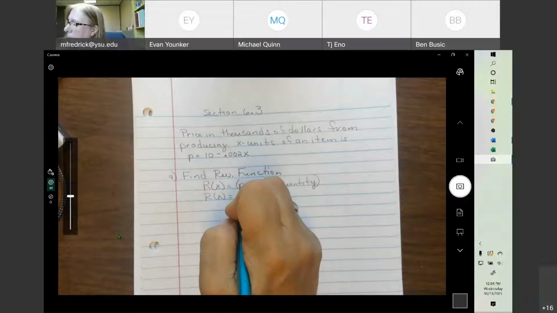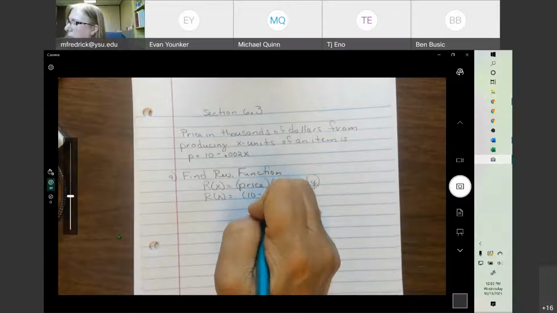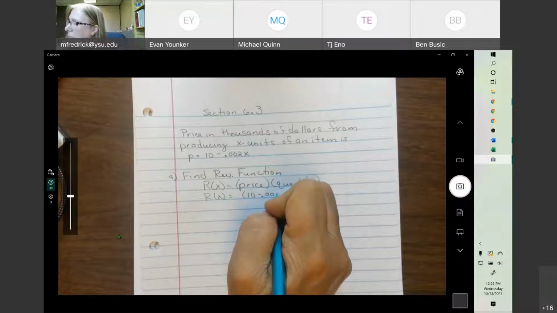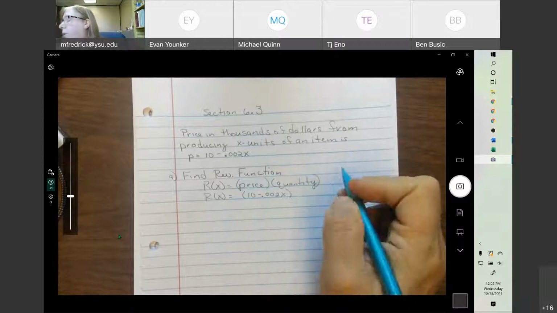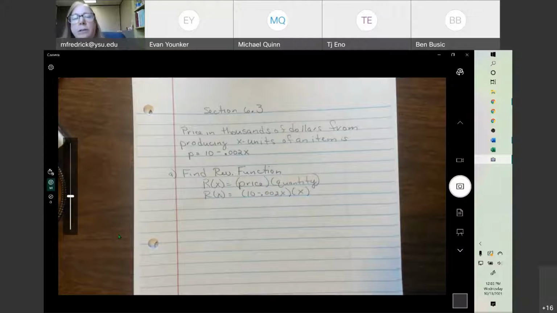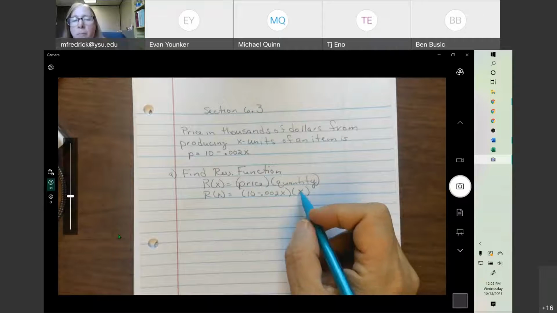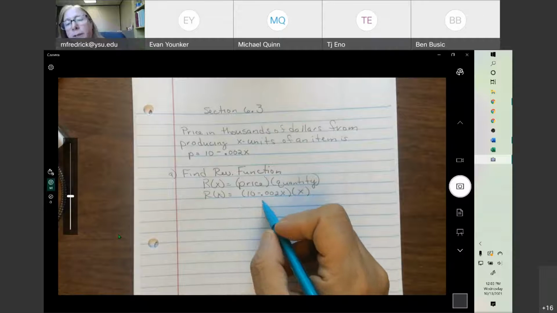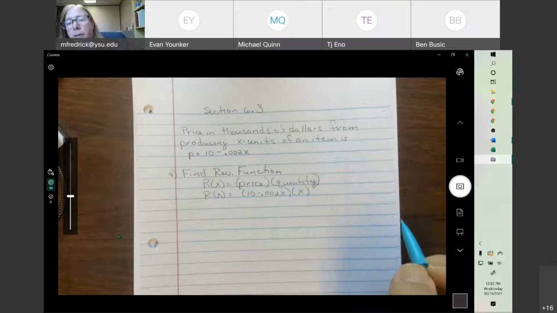And our price is 10 minus 0.002x. Our quantity, in this case, is just x. In most cases, it's just x. But it's your price times your quantity.